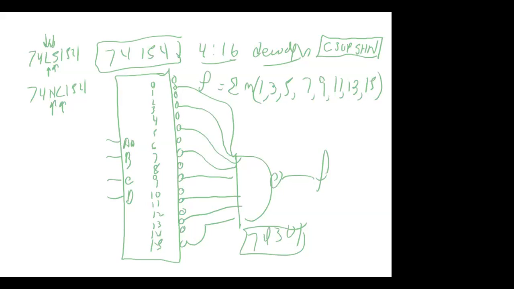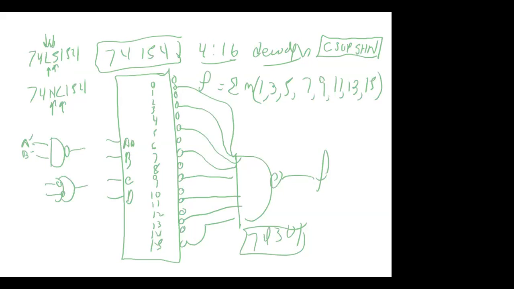Who got confused by that answer? Nobody? Really? I don't believe you. Somebody got confused. Well, not to put too fine a point on it, if you had A prime, B prime going into an AND gate, it's the moral equivalent of an OR gate because of De Morgan's theorem with inverted inputs.